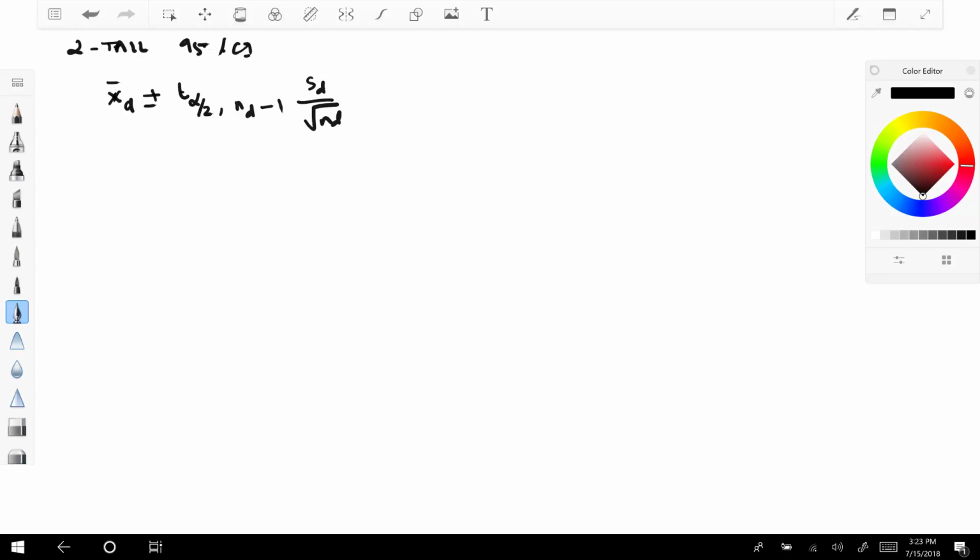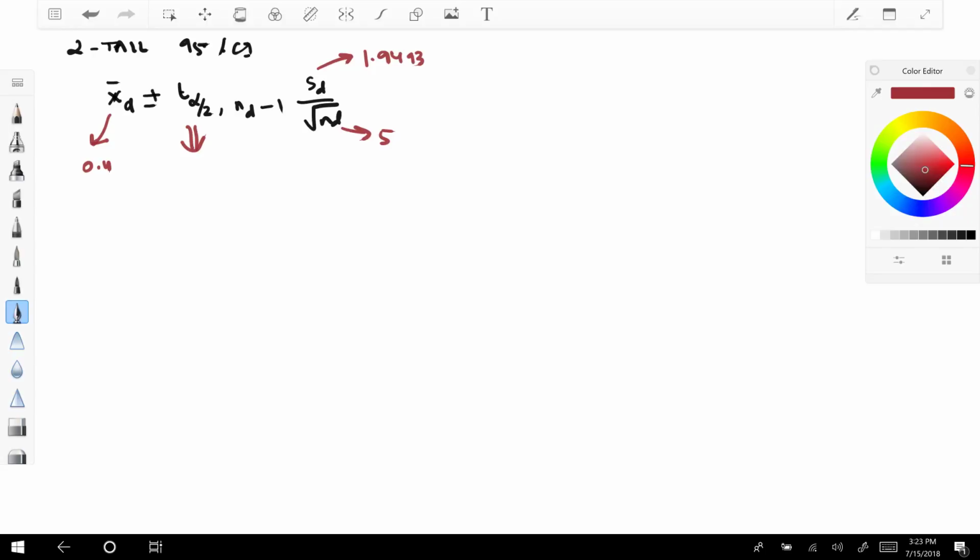We calculated all these values: this is 0.4, this is 1.9493, this is 5. Last time, because it was a one tail, we calculated T alpha, nd minus 1.